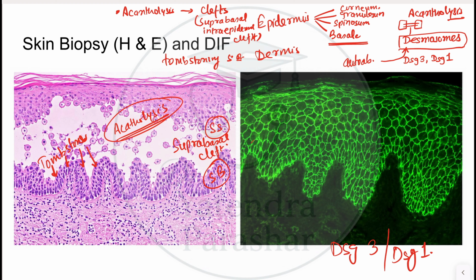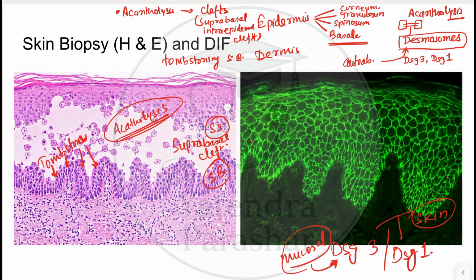The autoantibody formation against desmoglein 3 is more common in cases of pemphigus vulgaris, and desmoglein 3 is rich in the mucosal layers. Like oral mucosa, it is rich in desmoglein 3. Autoantibody against both desmoglein 3 and 1 is seen in skin involvement in cases of pemphigus vulgaris.